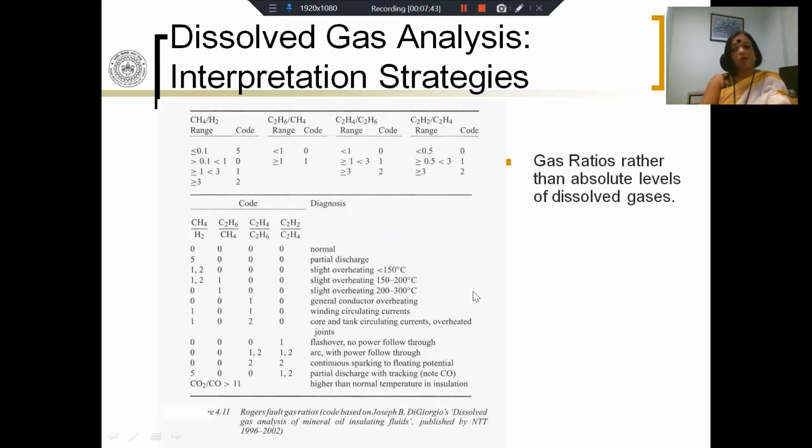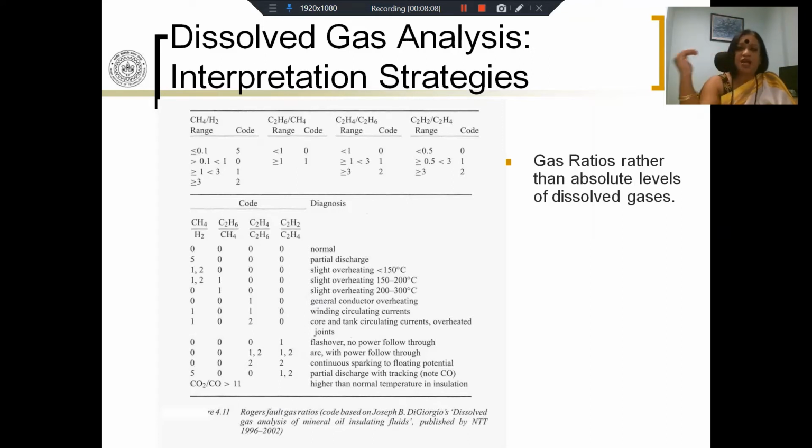So depending on what kind of fault you have, you may need to take corrective action. This table that we have here is called the Rogers fault gas ratios. It is based on Joseph B. DiGiorgio's dissolved gas analysis of mineral oil insulating fluids, and this is called the Rogers gas ratio.